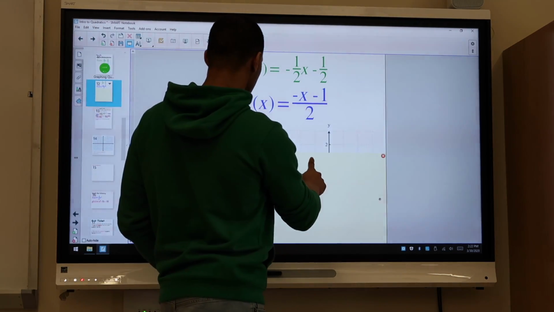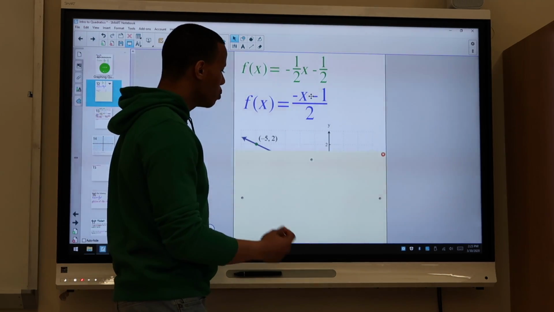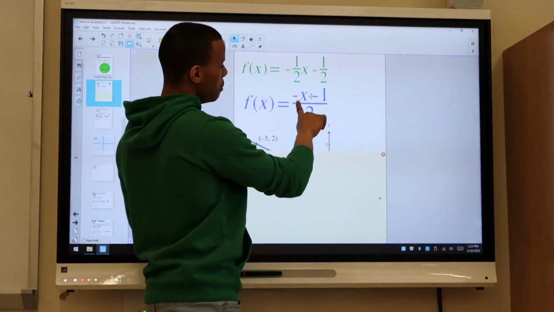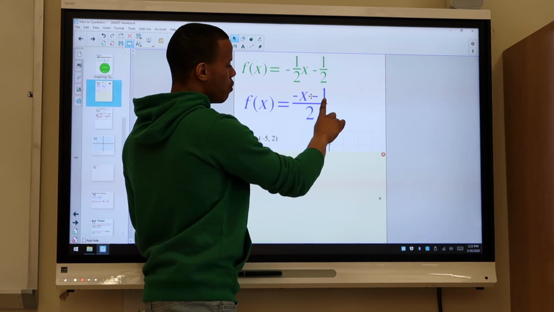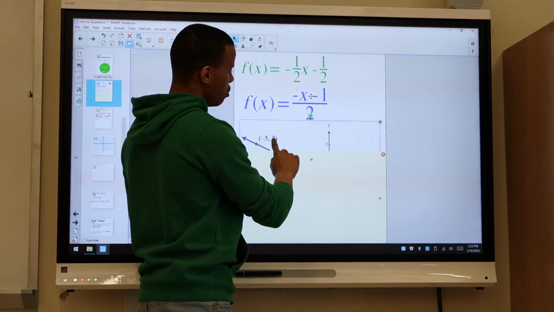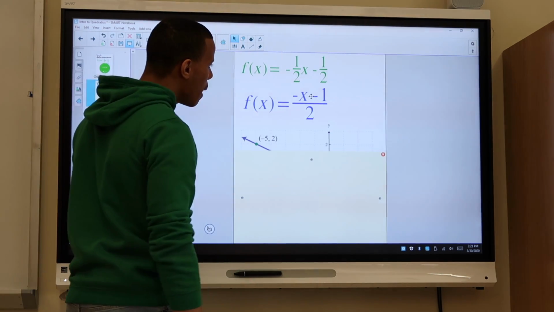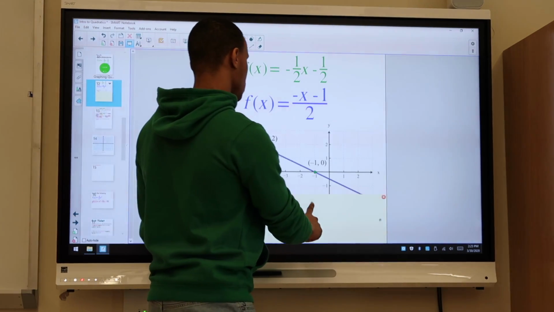So the first point I picked was negative 5. When x is equal to negative 5, we have negative 5 times negative 1, which is positive 5. Positive 5 minus 1 is going to be 4. 4 divided by 2 will be 2. And then the second point, I think it was negative 1.